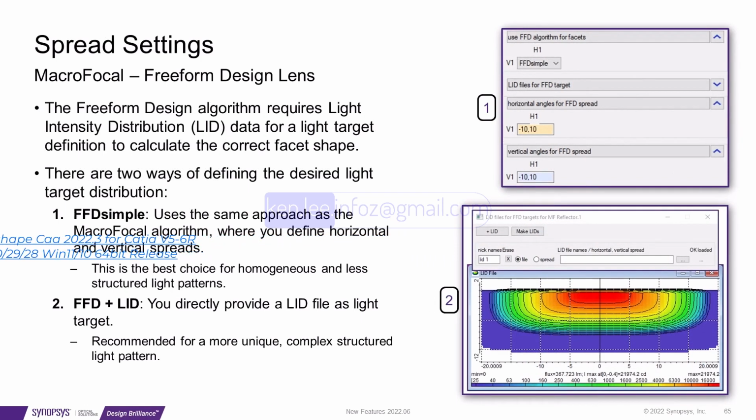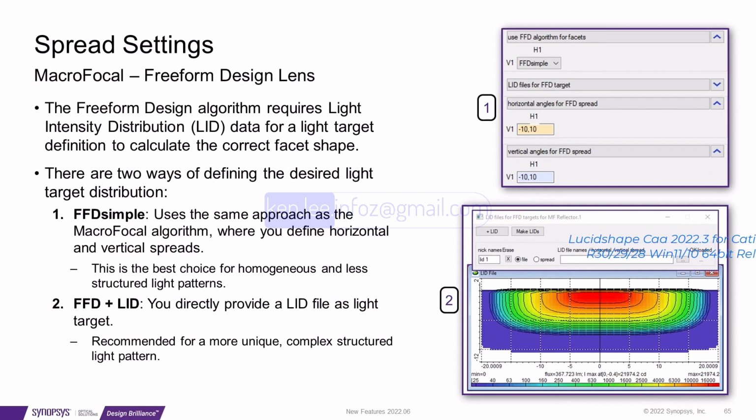Looking at the spread settings, the freeform design algorithm requires light intensity distribution data for a light target definition to calculate the correct facet shape. There are two ways of defining the desired light target distribution. FFD Simple uses the same approach as a macrofocal algorithm, where you define horizontal and vertical spreads.